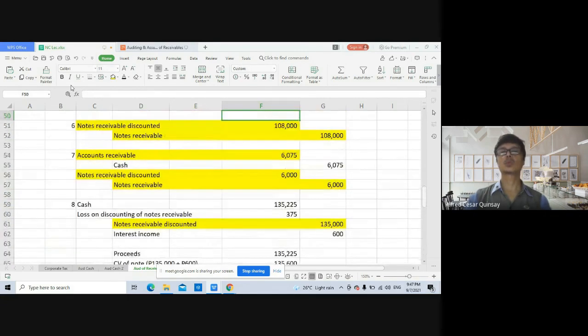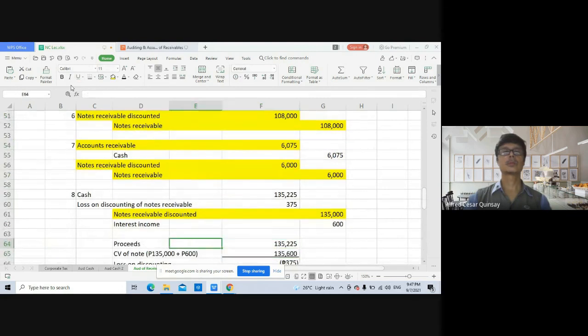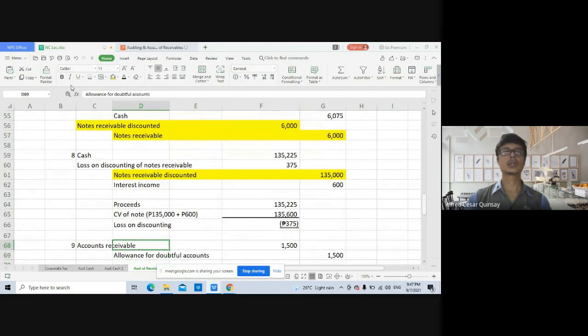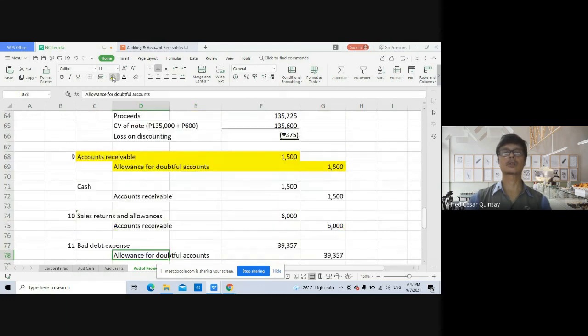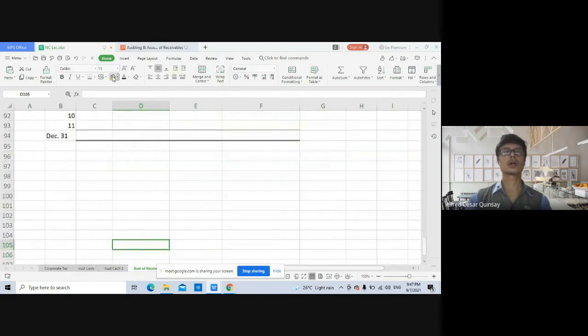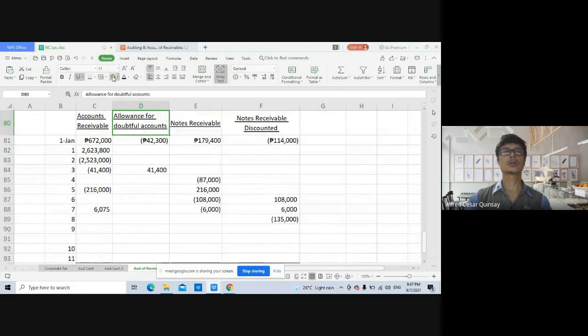And then the next one, okay, so ito, number 9 is debit for 15 accounts receivable and credit allowance for doubtful accounts, also for 15. Okay, so this one for 15 and credit for allowance for 15.